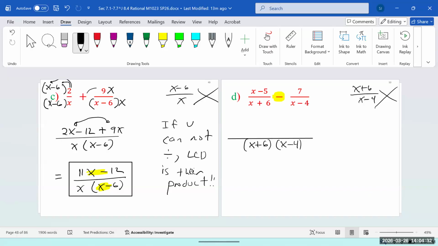So we want to have both of them on every denominator. So what is missing on the first denominator? So multiply numerator and denominator by that. And then what is missing in our second denominator? So you multiply numerator and denominator by that.